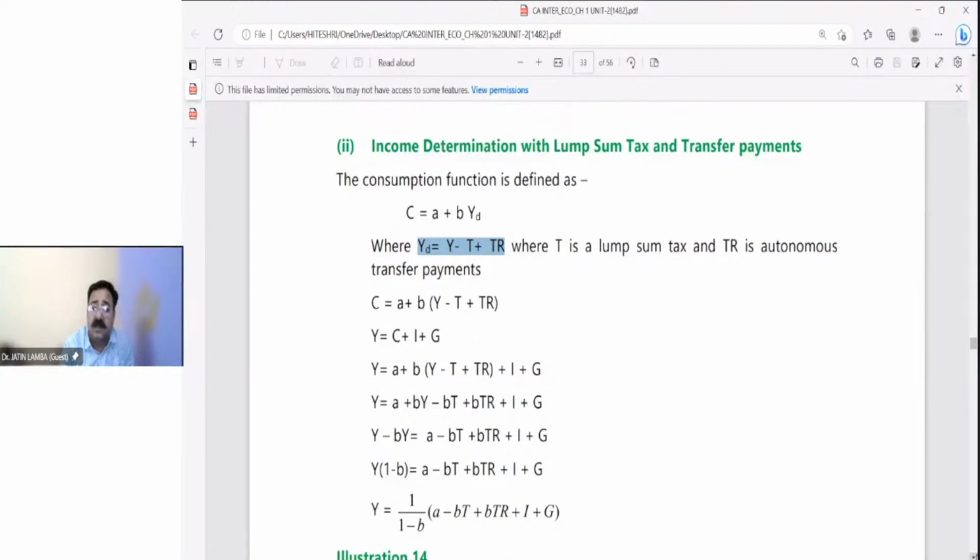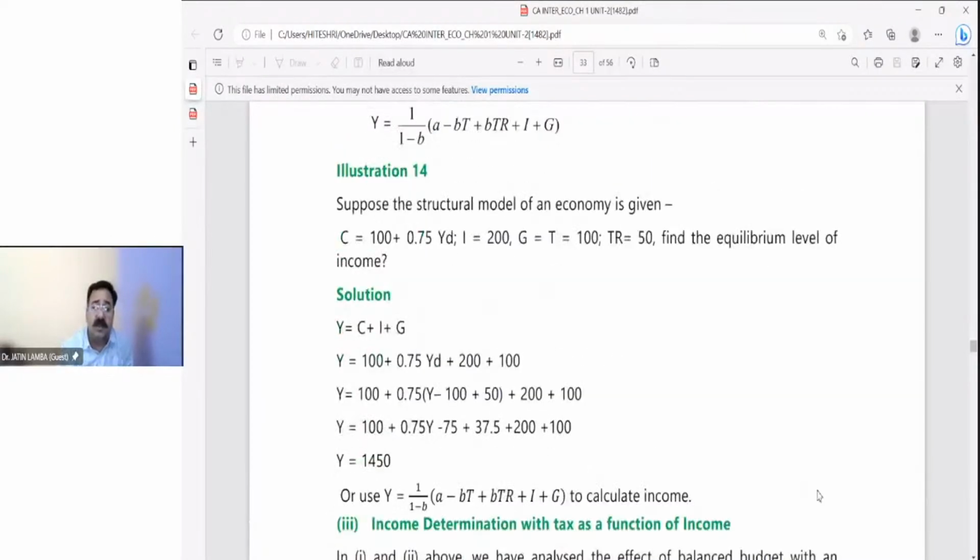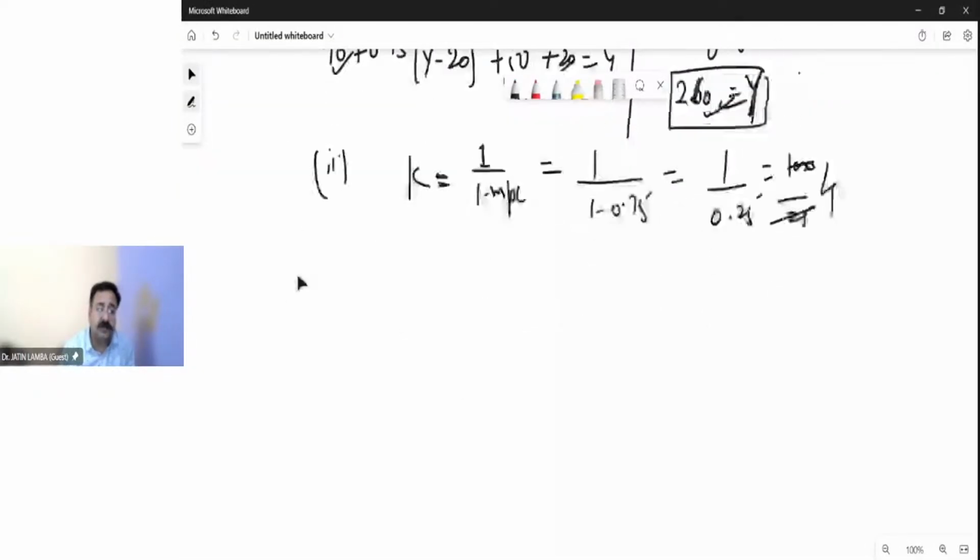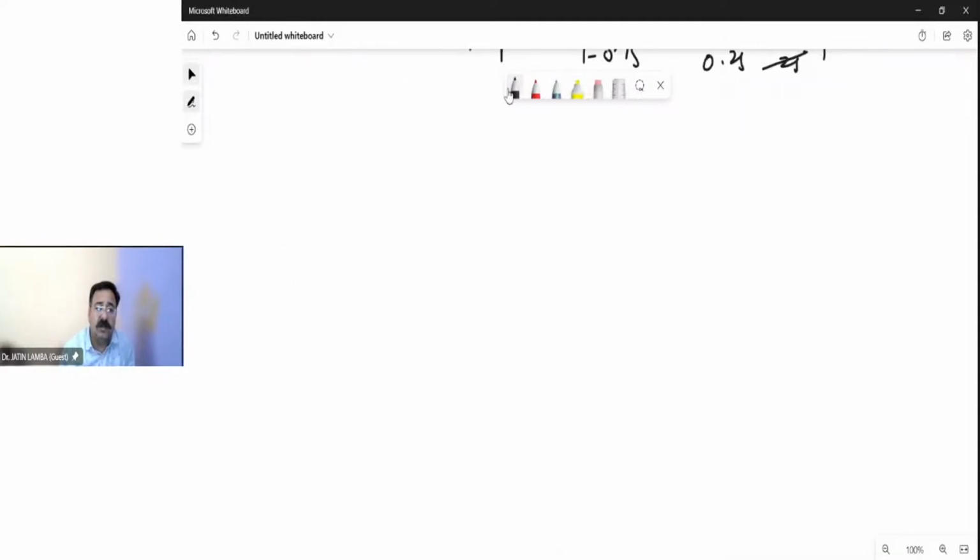This is the case. Now we are going to cover illustration 14. Illustration 14: consumption is 100 plus 0.75 YD, I is equal to 200, G and T both are 100, transfers 50. Now simply put the values and you will get the answer. You have to find the equilibrium level of income here. So what will be the equilibrium level of income? See, illustration 14, children.